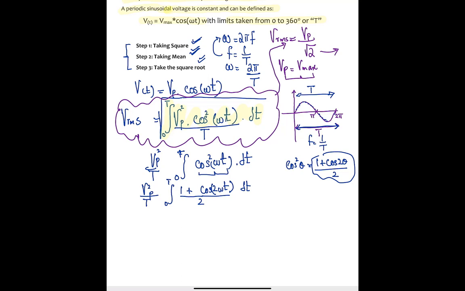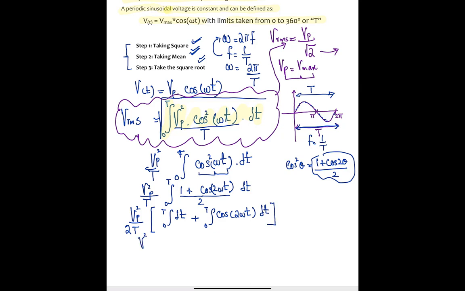All right, so also what I could do here, V peak value square over T, I'm going to break it into two segments where I can also take 2 out as a common factor. So here I would have the integral from 0 to T of dt, and similarly plus the integral from 0 to T of cosine of 2 omega t dt. Okay, all right, we're getting close now.